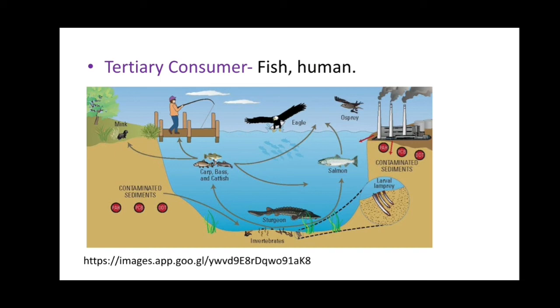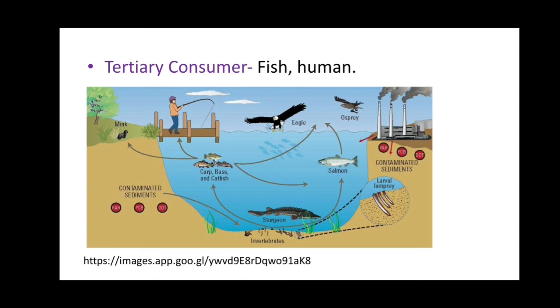Okay, you can see in this diagram the eagle. The eagle is a tertiary consumer or the top consumer. So the eagle or the water bird can feed on the fishes. You can see here the crab, bass and the catfishes. Again, the salmon.